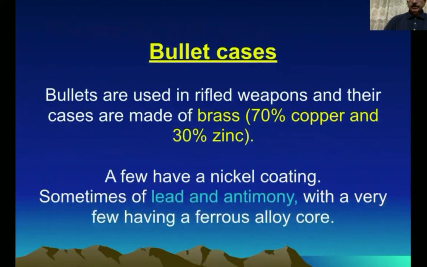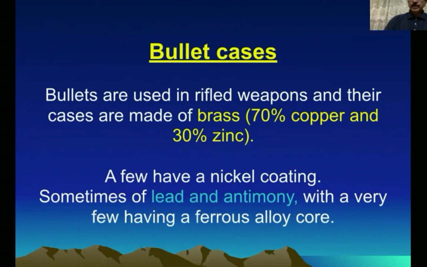And the bullet cases which are used in rifled weapons are made up from various alloys like brass, where 70% is copper and 30% zinc. A few have a nickel coating, sometimes lead and antimony, and with various formulation having a ferrous alloy core also.